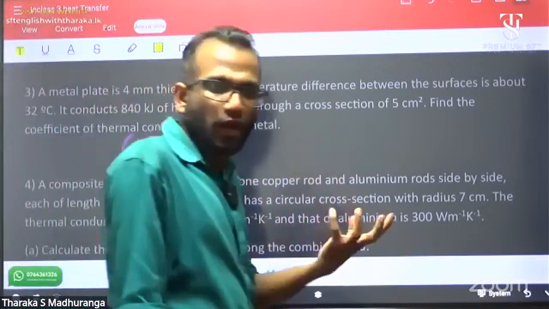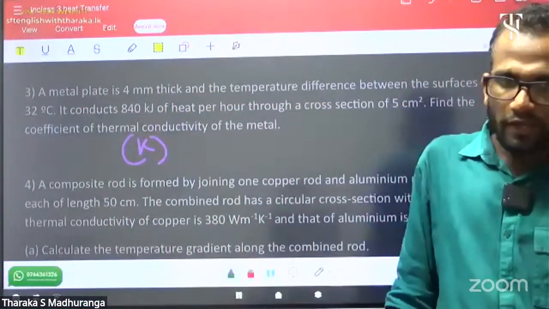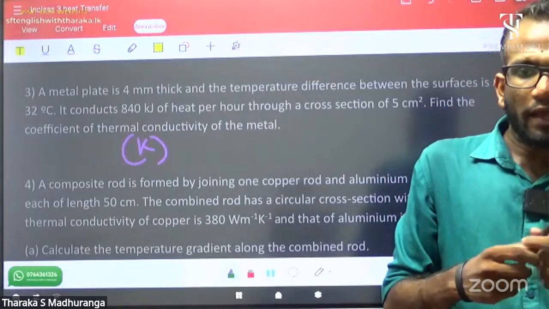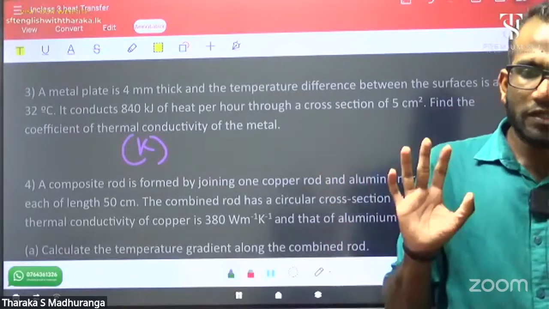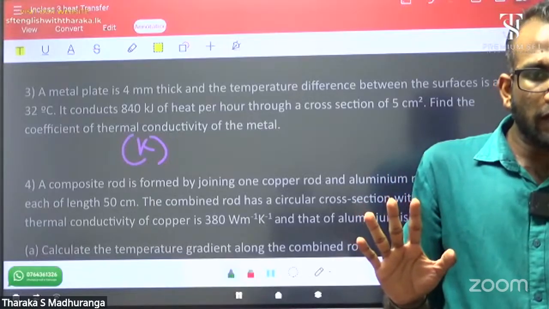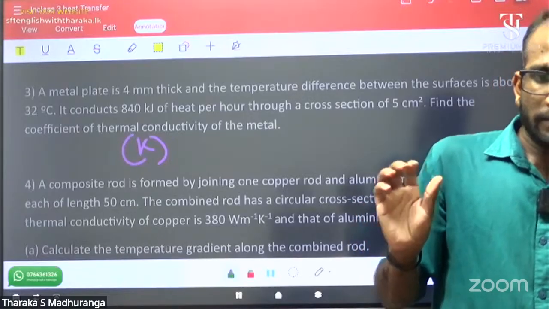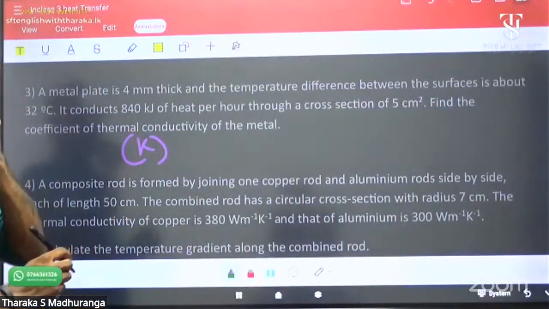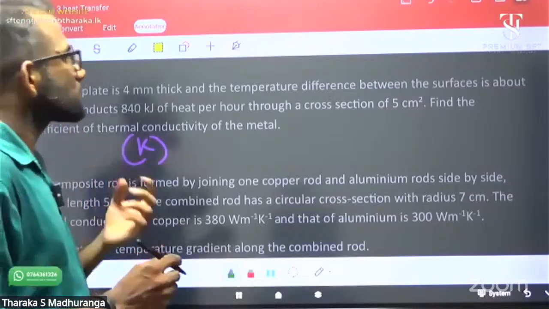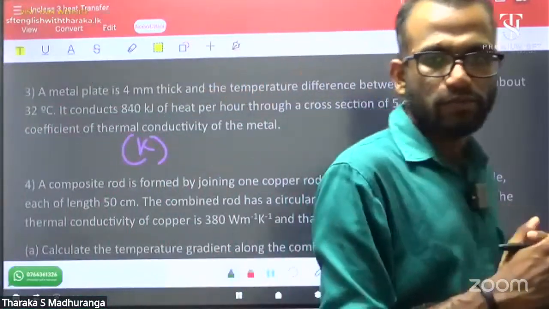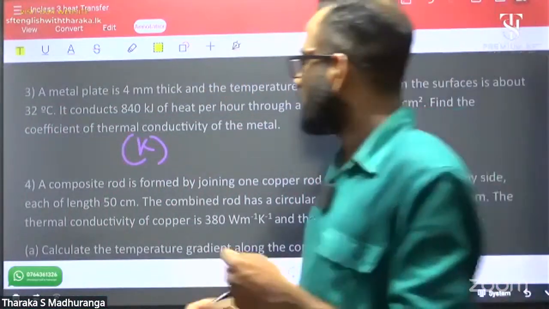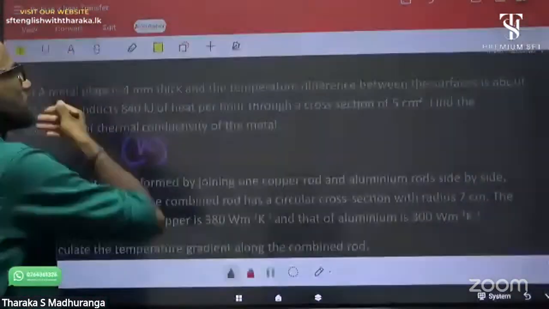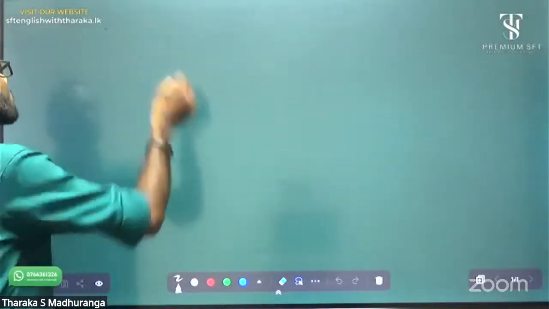There is an unknown metal with 4 millimeter thickness and 5 square centimeter cross section area, and the temperature difference is 32. The question asks, what is the K value? This is question number 3.